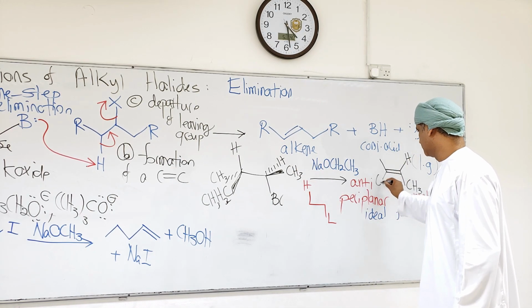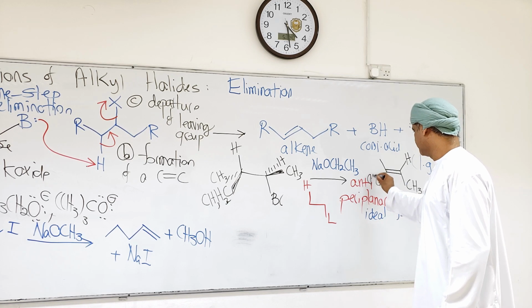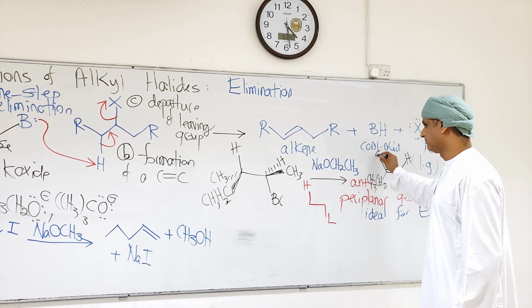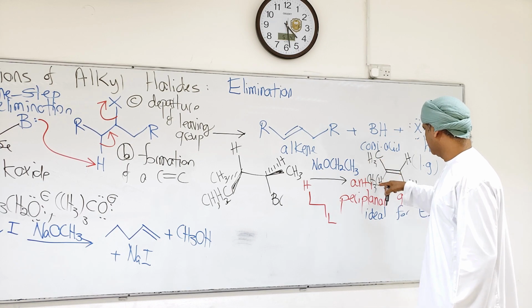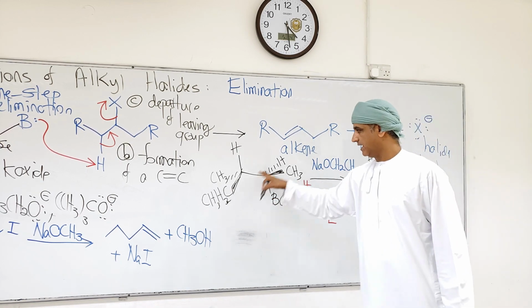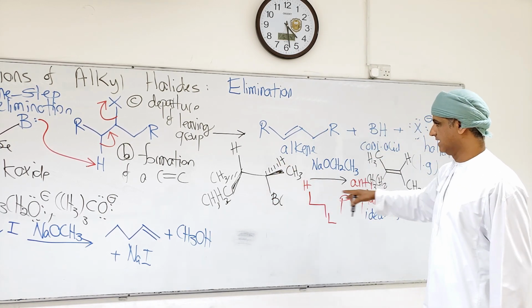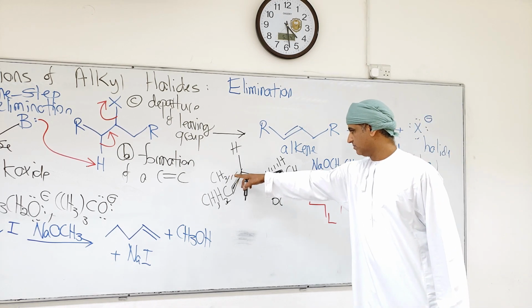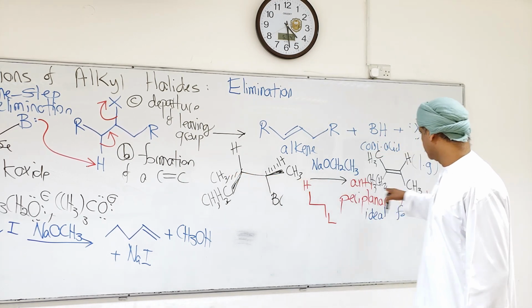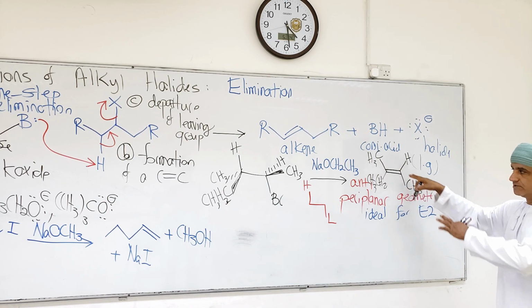So CH2 here, CH3, and hydrogen. The ethyl group and hydrogen are trans, they are also trans here. The methyl group here and this methyl group here, they are trans, they are also trans here.